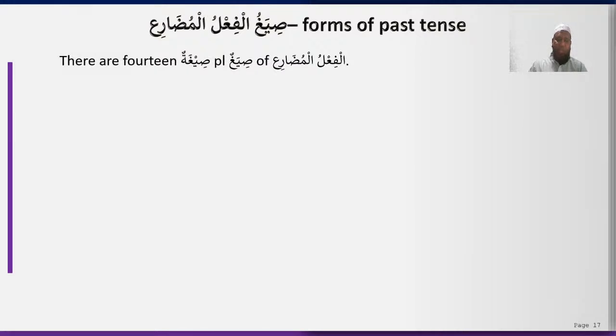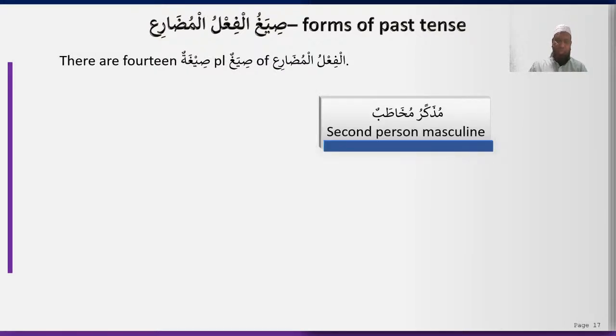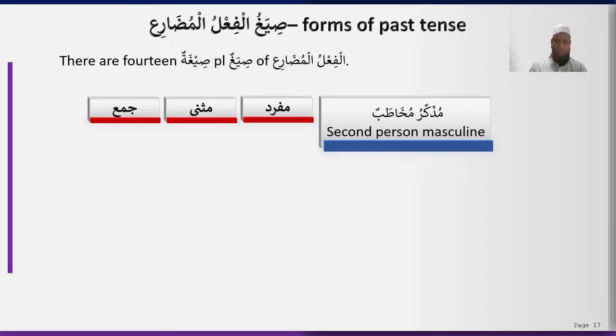Let's look at the مخاطب صيغas. Again 3 for مذكر مفرد مثنى جمع. مخاطب the second person. تنصر it is مرفوع وعلامة رفعه الضمة الظاهرة.